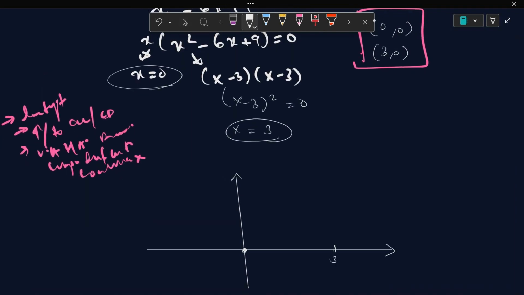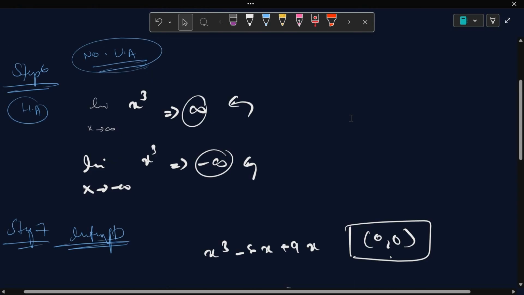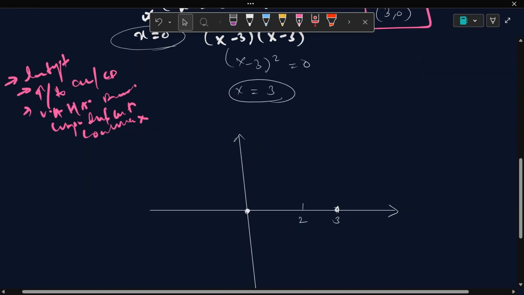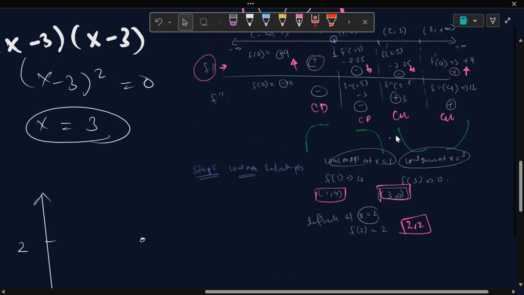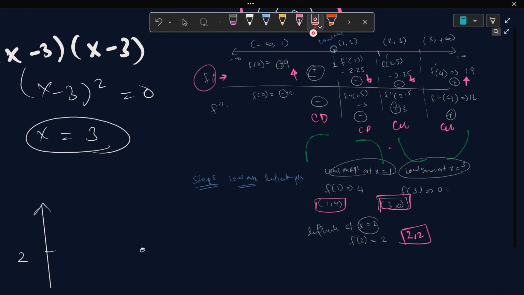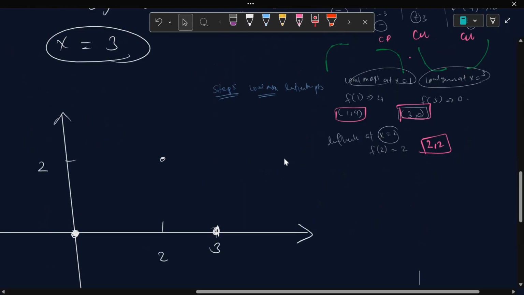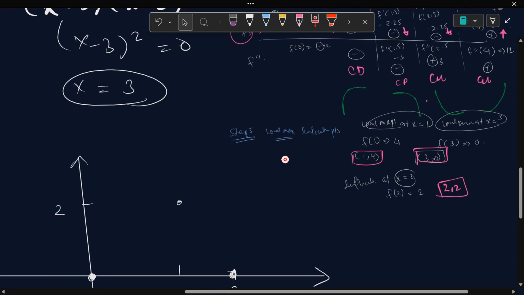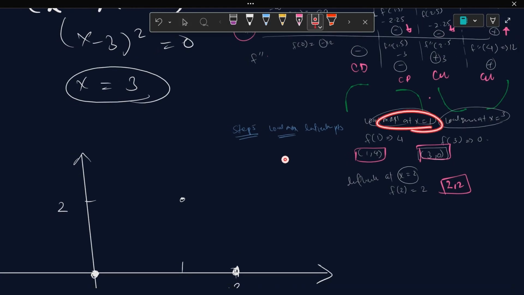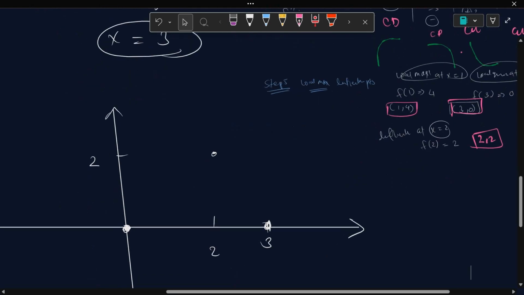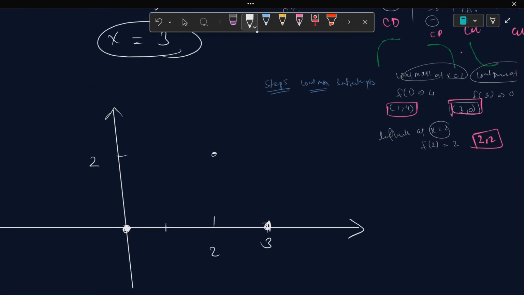So there is an x-intercept at 3, 0, and we also know there is a point at 2, 2. We also know that we have a local max at x equals 1, and 4. So another point is 1, 4, which is the maximum point of this curve.